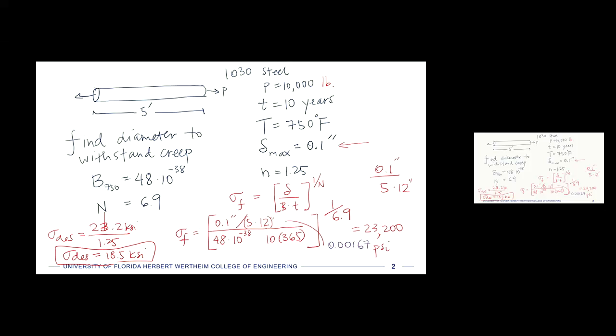Why is time in days, not in hours? I don't know, that's just what they gave. Is it because of the V value? This is just the constants that they gave us for B and N, and T is in days. Or maybe that's why. I think I have mine in hours.